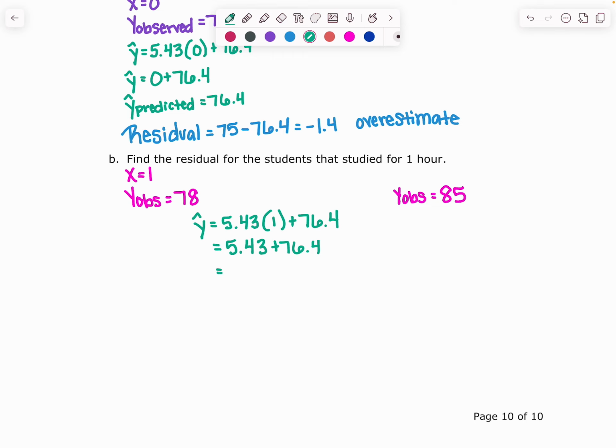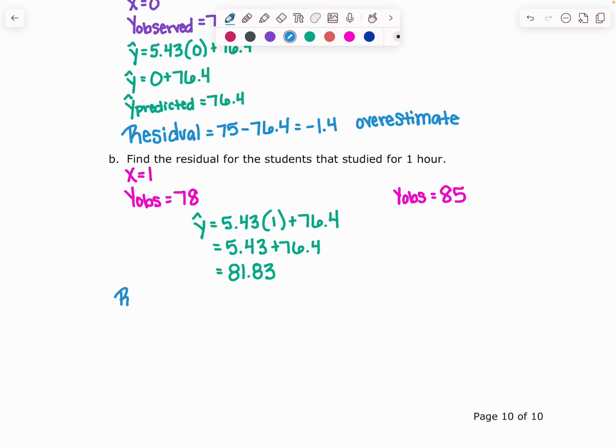And then 5.43 plus 76.4 is 81.83. And even though I have to do the residual twice, I only have to do the formula once because I'm plugging in the same x value. Both of these students studied for 1 hour, so they have the same predicted score.